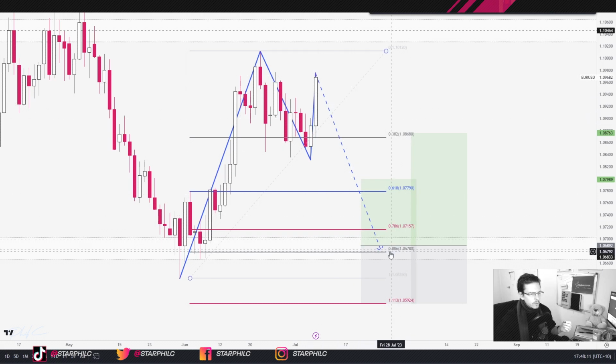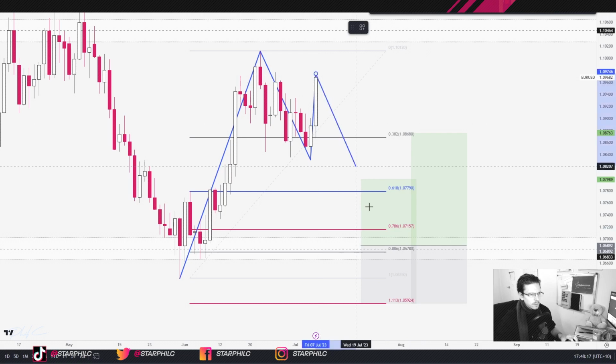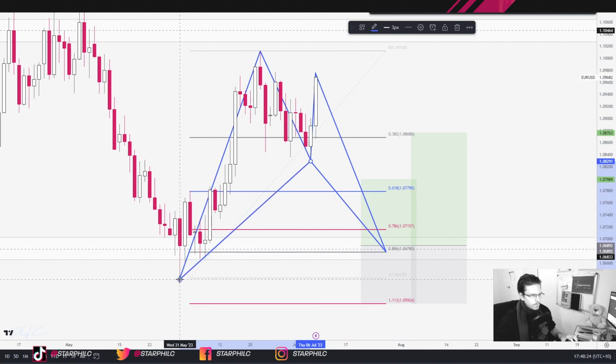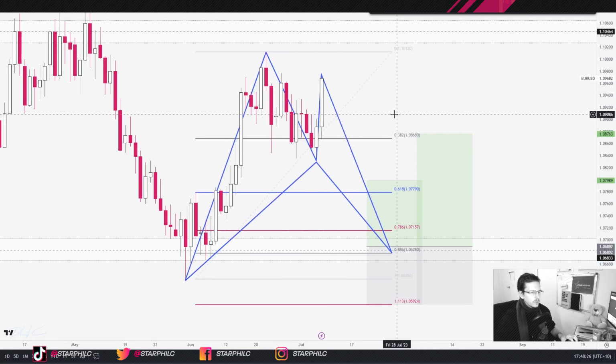If we do get a move down there, that would be the new pattern M formation that I would be looking at.